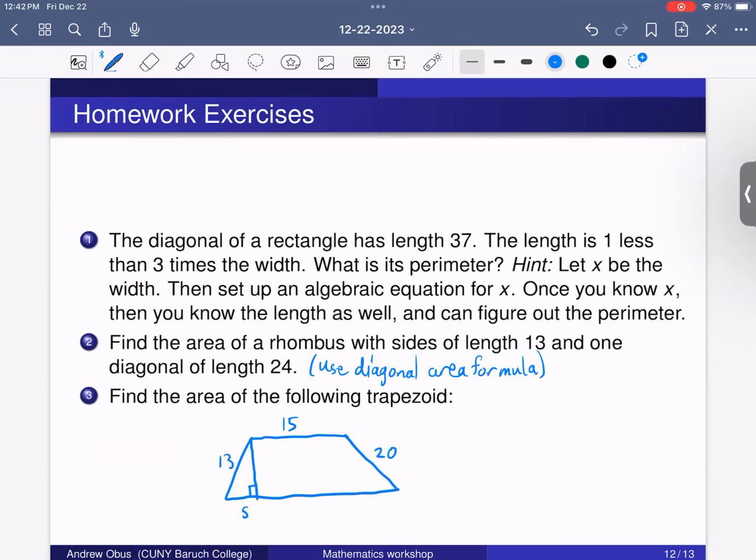And this little part right here is length 5. And so the question is, can you find the area of this trapezoid? This is multi-step. It's maybe a little bit tricky, okay? We can call this a challenge.